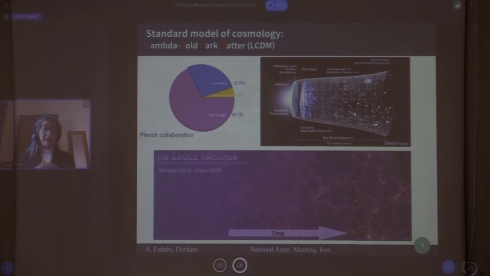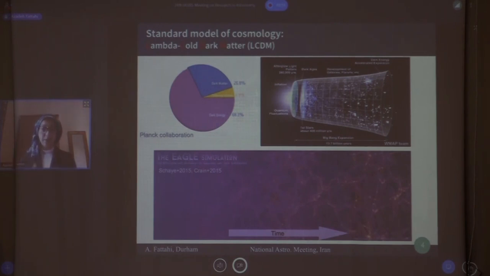In the standard model of cosmology, lambda cold dark matter, cold doesn't have to be super cold, even if roughly warm, most of the things I'm talking about still hold true. In this framework, we know from the CMB the initial conditions of the universe, about how much dark matter, dark energy, and ordinary matter exist in the universe.